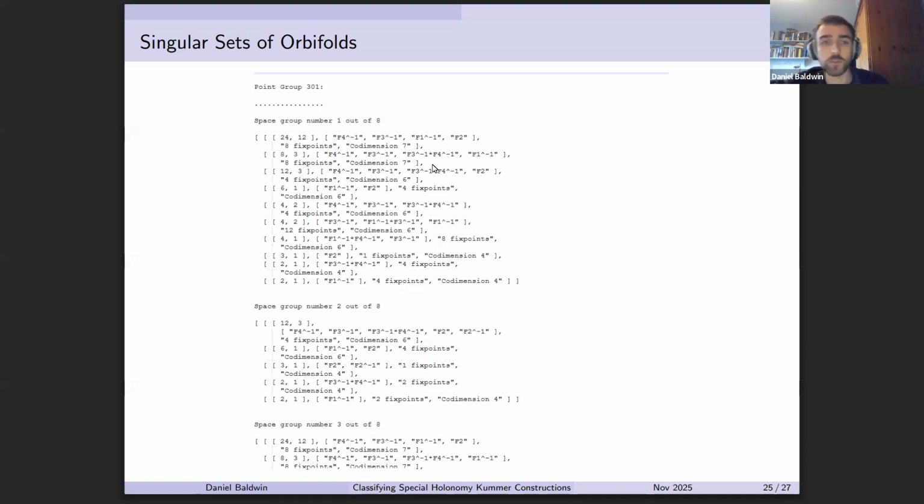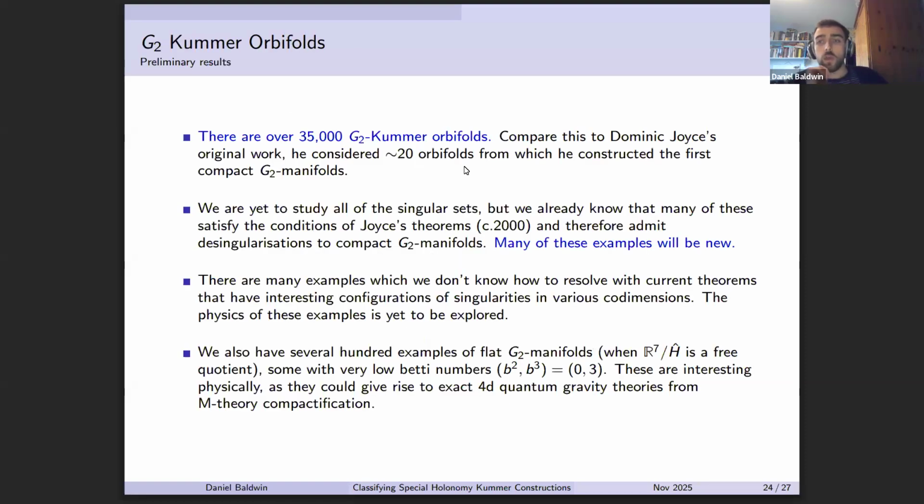There are 8 of these fixed points, and then various other fixed points of various codimensions. So we get quite intricate configurations of singularities, and the physics of these various singularities is yet to be explored. So there's lots to do there.